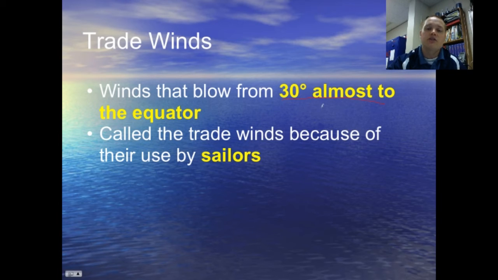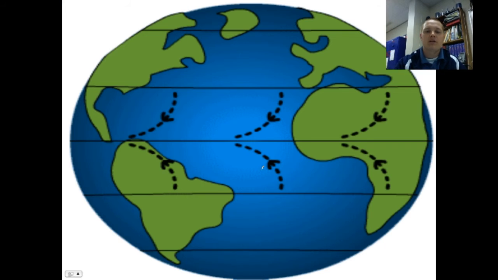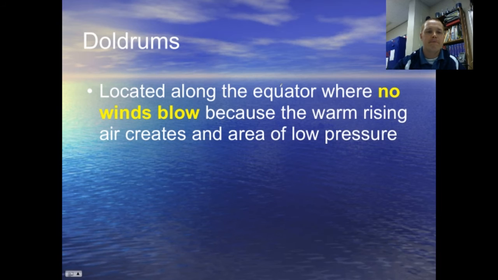So again, usually 30 degrees north to the equator or 30 degrees south to the equator. And because they were used by sailors, that's why you get the trade wind name. And again, looking at the equator being located right in this space, talking about the way in which the winds are actually flowing, which we'll talk about in a little bit.